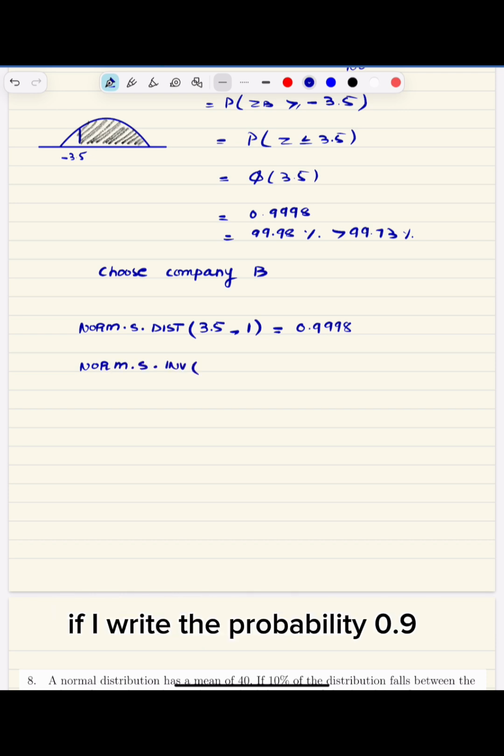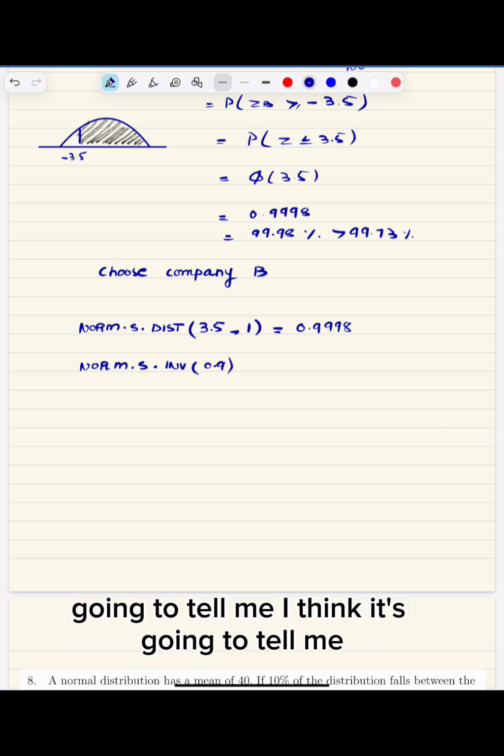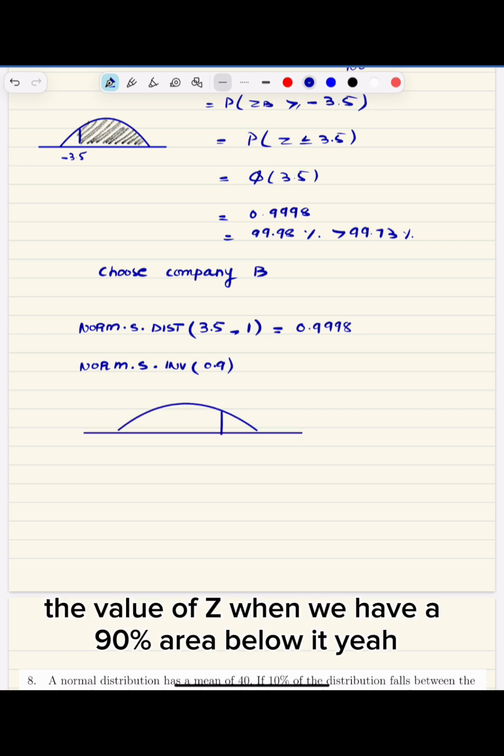And if, for instance, you want to find the Z value from a probability, then you take the inverse. So for instance, if I write the probability 0.9, it's going to tell me the value of Z when we have a 90% area below it.